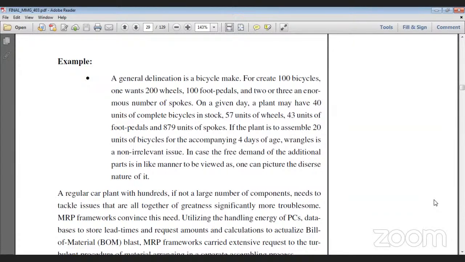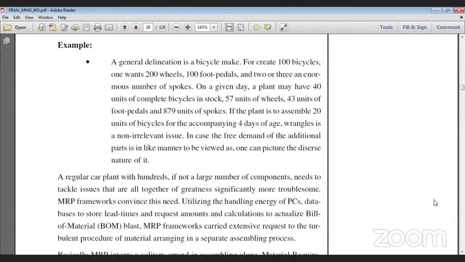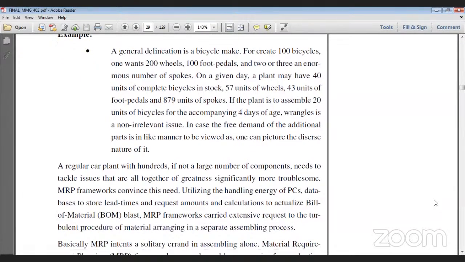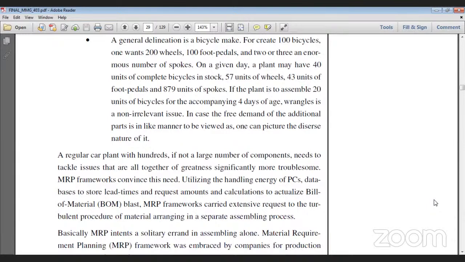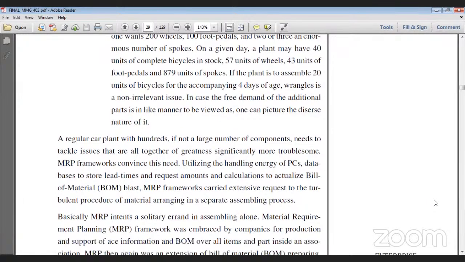Then you are also given the base of lead times and order quantities for calculation to be implemented. Bill of material, that is BOM, and explosion of material resource planning frameworks carried extensive help to further the turbulent process of material planning in separate manufacturing processes also.